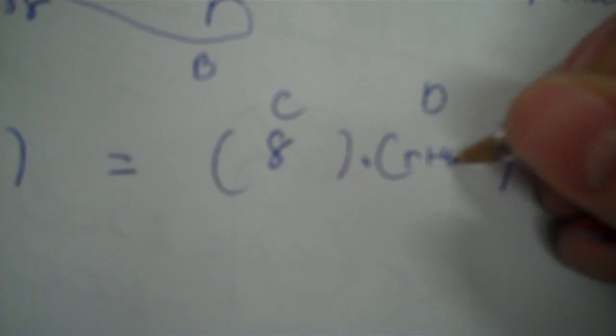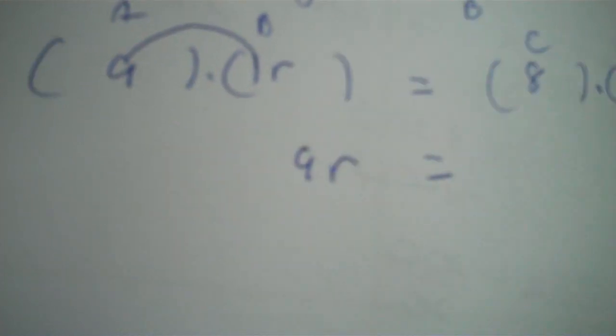So, AB, CD. A we have 9, B we have R, C we have 8, D we have R plus 4.38. This is just one product, 9 times 1R, that would be 9R. Over here we distribute 8 to 1R and 8 to 4.38.